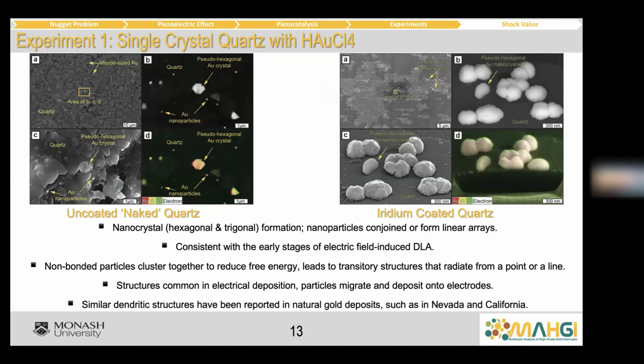So it's consistent with early stages of, here's a big fancy word for you, electric field induced diffusion limited aggregation, which is way too many syllables to say that electricity attracts things. Diffusion limited aggregation is just when elements migrate under some sort of potential, and here the potential is electricity. So non-bonded particles cluster together and reduce their free energy.